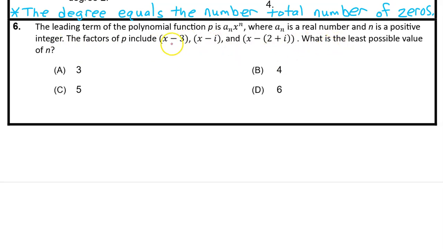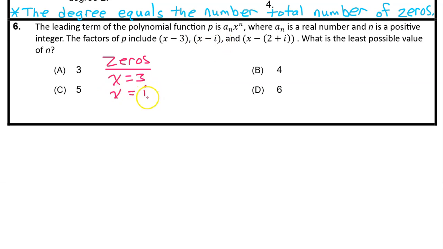So we definitely have one zero of 3. So I'm just going to start listing off my zeros. We have a 0 of x equals 3 from this. And from this factor, if we set this equal to 0 and solve, that gives us x equals i.